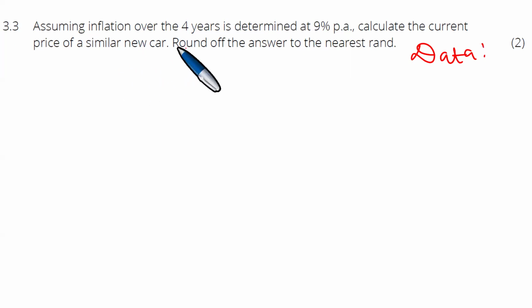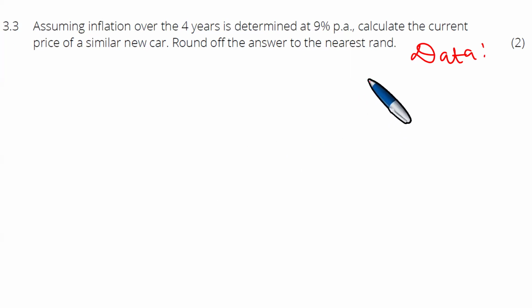Assuming inflation over the 4 years is determined at 9% per annum, calculate the current price of a new car. So now we need the current price of a new car, and to find it, we proceed as follows. Right, in 3.3, we need to reason this very carefully.